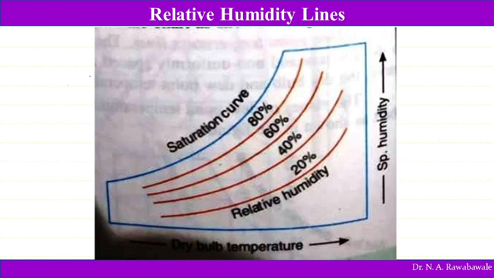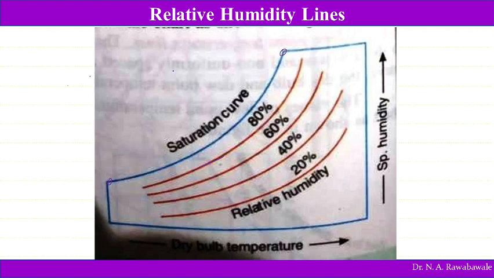Relative humidity curves are represented parallel to the saturation curve. The saturation curve means the holding capacity has been reached by the air. Air absorbs water vapor up to a particular limit at a particular temperature.